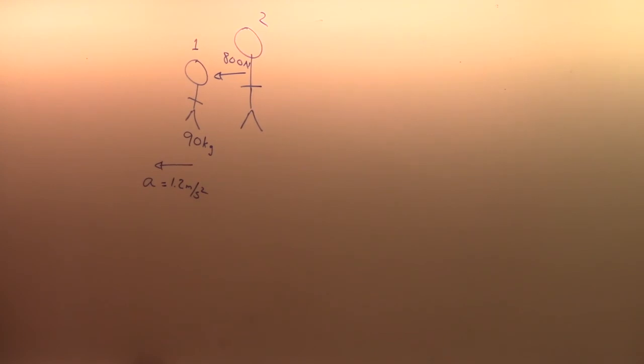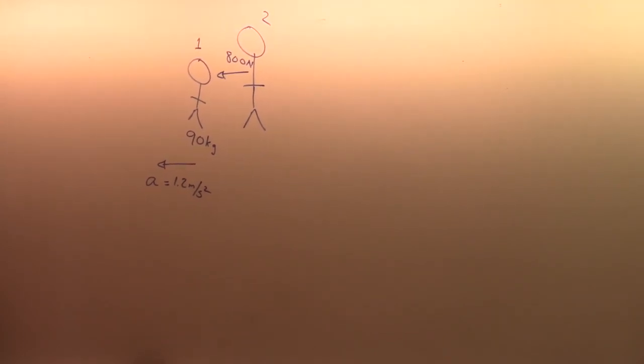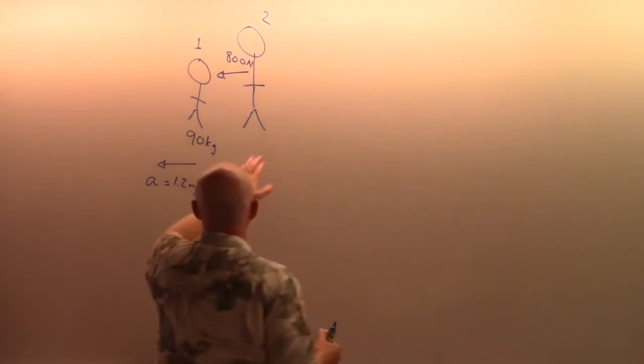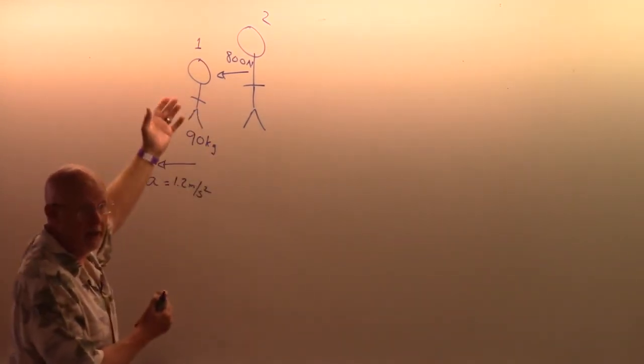All right, now the questions begin. A, what is the frictional force between the loser player's feet and the grass? Now, before I get that far, I'm going to ask, what other forces are happening here? So in other words, if player 2 is pushing on player 1, anything else going on?